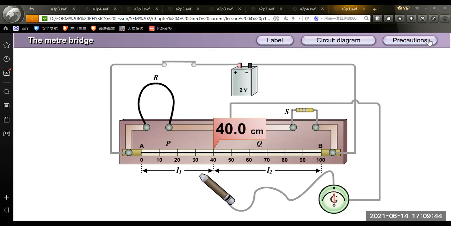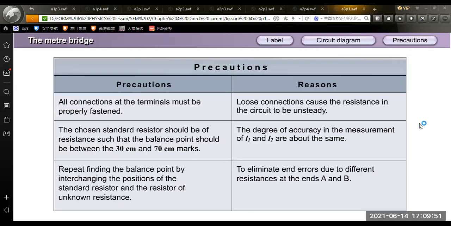So in this experiment, what are the precautionary steps? First, all connections at the terminals must be properly fastened.